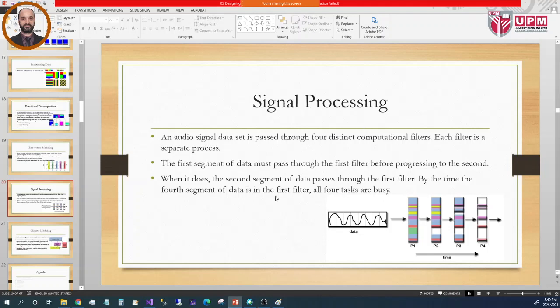After each thread finishes, there is supposed to be another thread that collects all the results from all threads and combines them together to give the final result. Is that clear, guys? Yes.